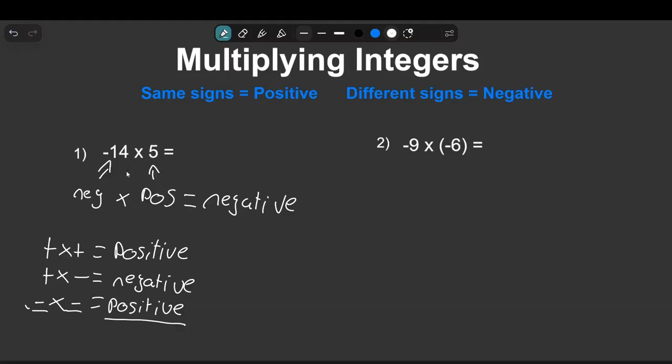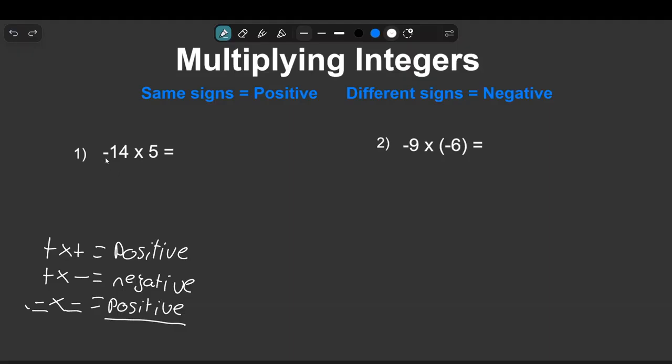So we have minus 14 times 5. I've kept the writing down here, so you guys can check if we got the final answer right. We have a negative times a positive. This will give us a negative. We can remove this text because we won't be needing it, because we got this over here. We can make use of this.